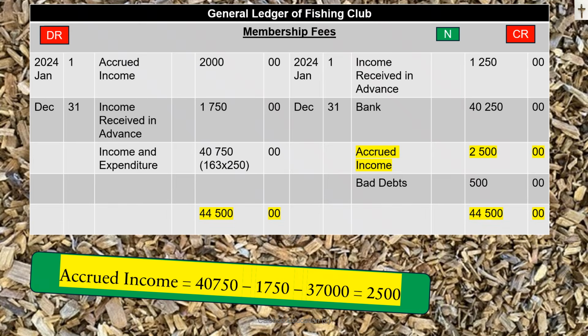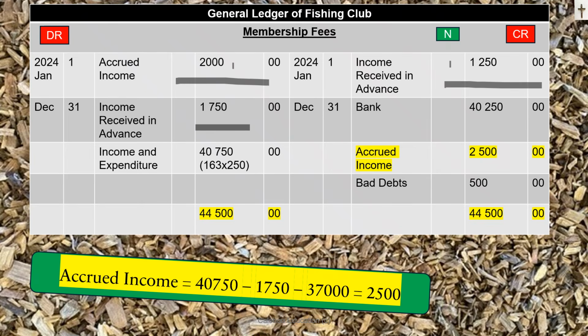Here you've got accrued income, which is a reverse entry from the previous year. We were given balances, and you need to do reverse entries. So is income received in advance, and you bring both those two numbers back into the current year that we are looking at.